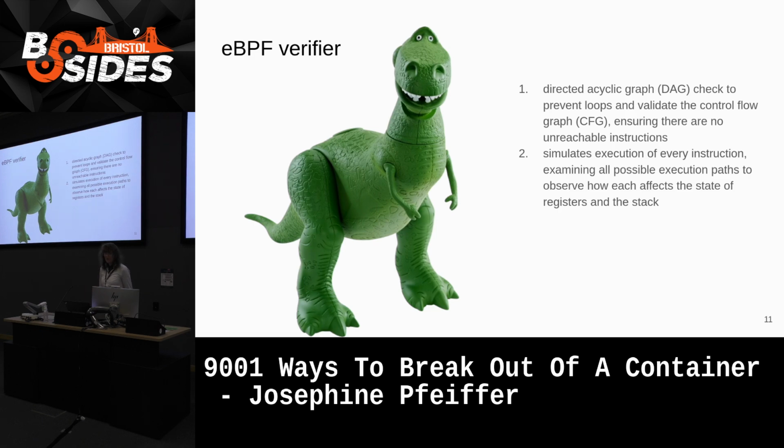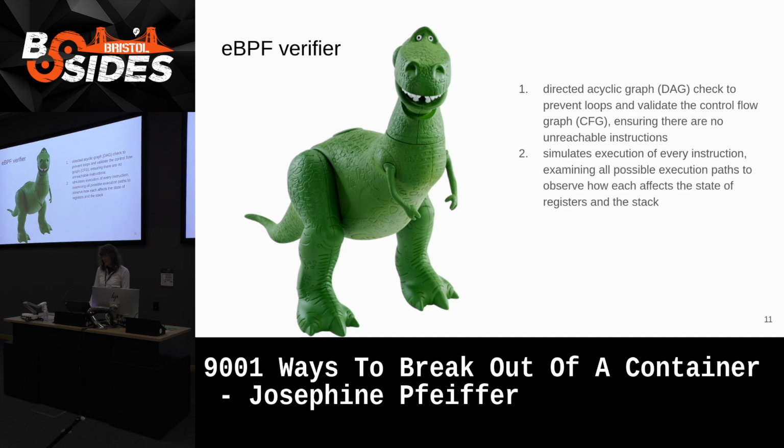You can think of the verifier as the electric fences in Jurassic Park, and they're designed to keep the dinosaurs from running wild and causing chaos in the kernel. Before a new dinosaur is allowed into the park, the verifier makes sure that the enclosure is safe also. So it checks the basic layout in the first step to make sure there are no hidden tunnels or blind spots, so unreachable instructions or loops in the code.